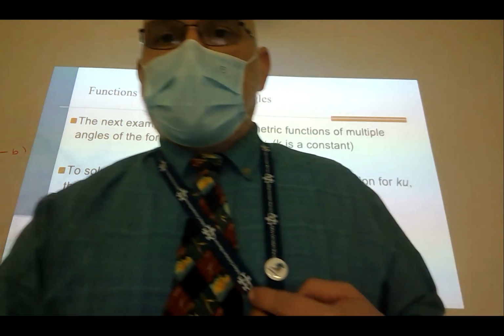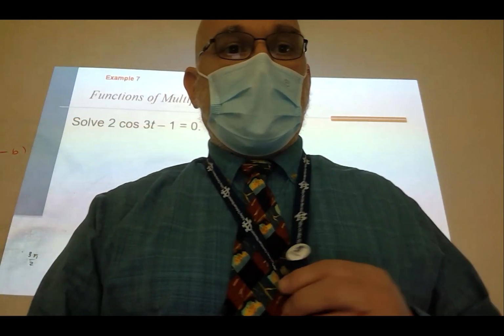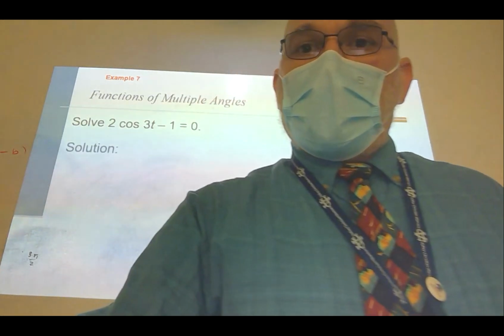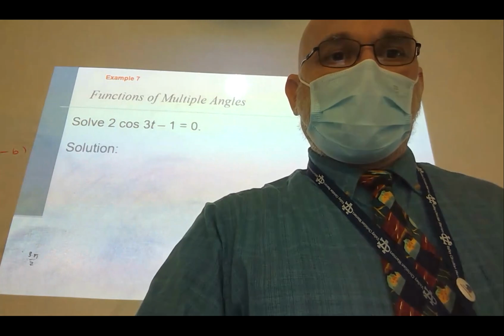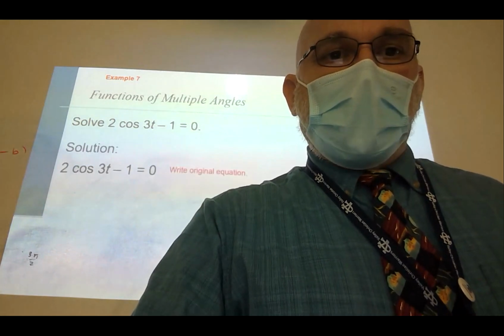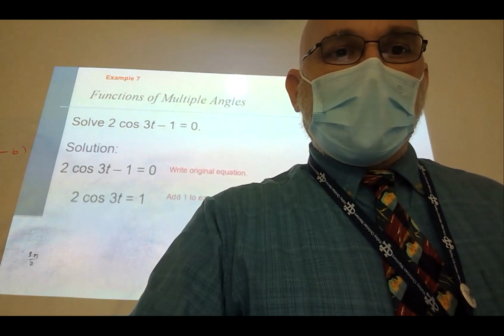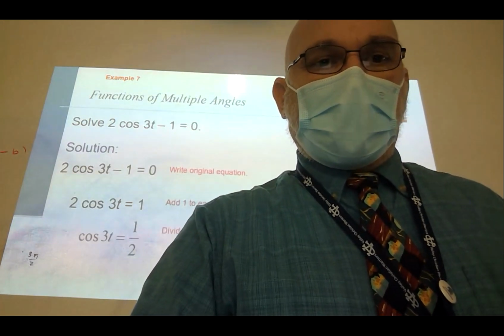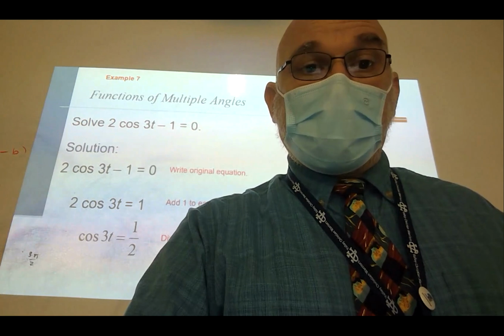So let me show you an example. If I have something like this, 2 cosine of 3t minus 1 is equal to 0. Well, I can rewrite this as 2 cosine of 3t equals 1, cosine of 3t equals 1/2.